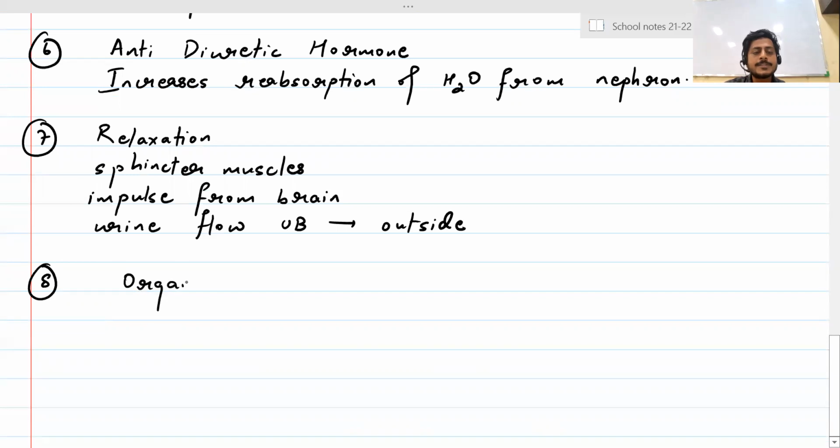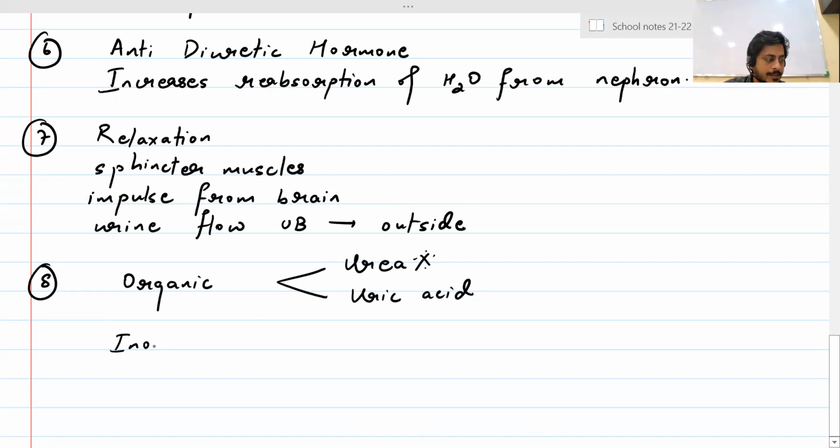The organic components of urine you remember as urea and uric acid, where urea is the major organic component. And the inorganic components of urine you remember as sodium chloride and potassium chloride. Remember NaCl, KCl, but also remember that writing NaCl, KCl will not get you the mark. You have to write sodium chloride and potassium chloride.